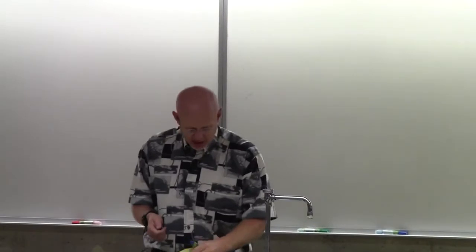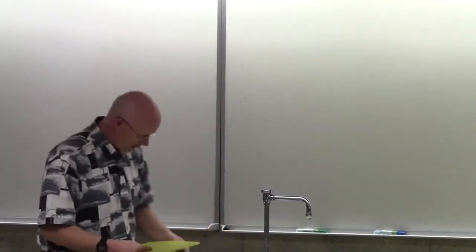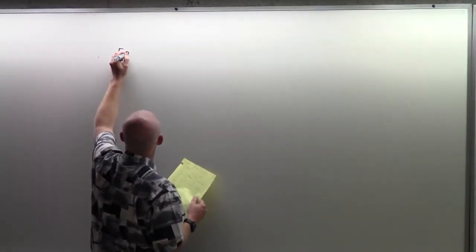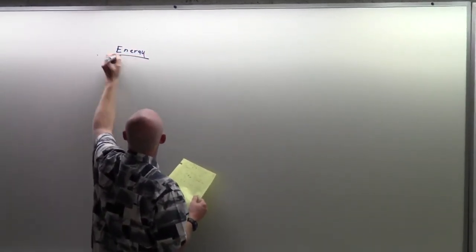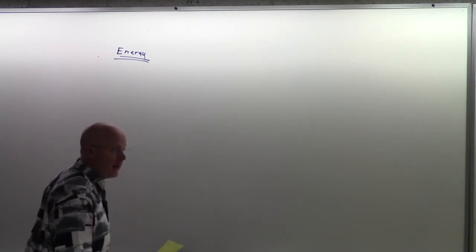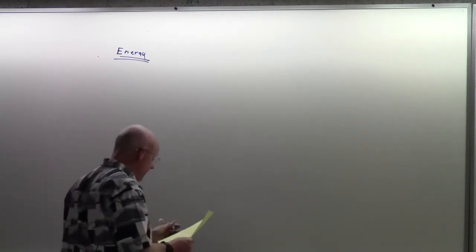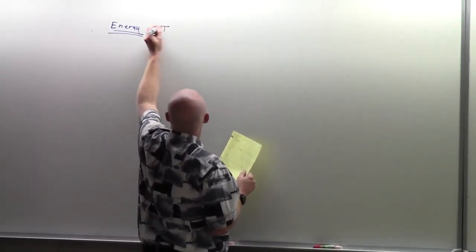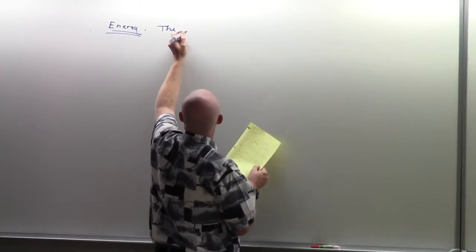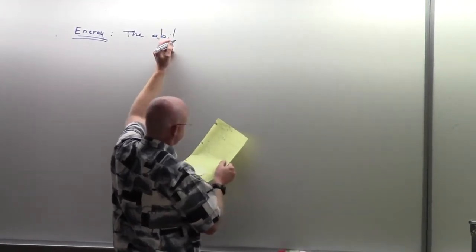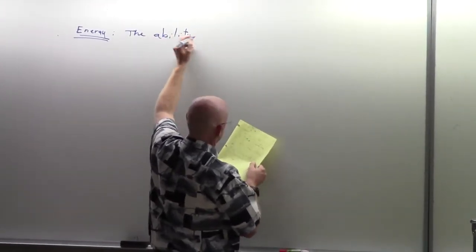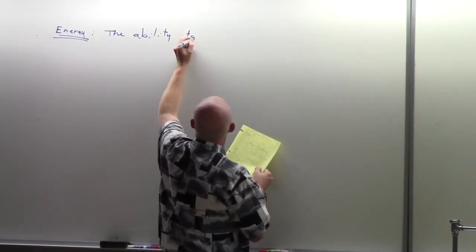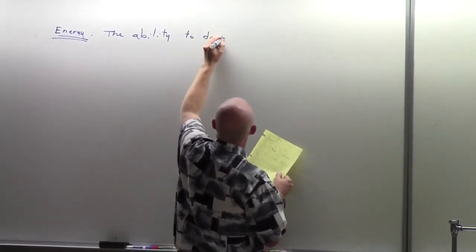Now we can start to get to the main point of this chapter, and that is this idea of energy. And here will be our definition. Our definition of energy will simply be the ability to do work.